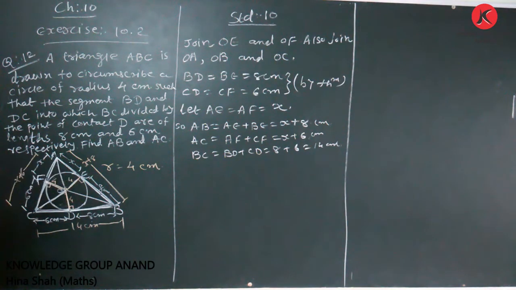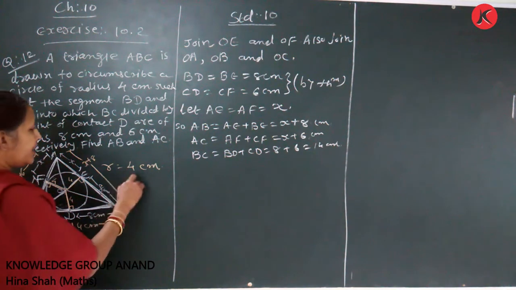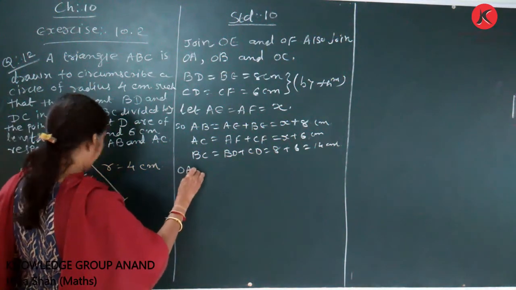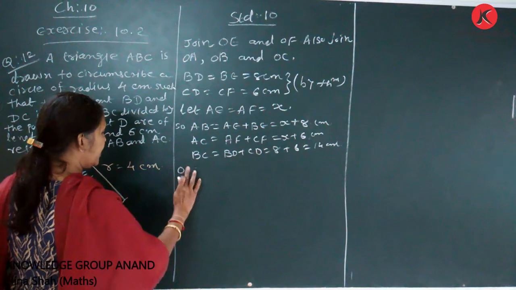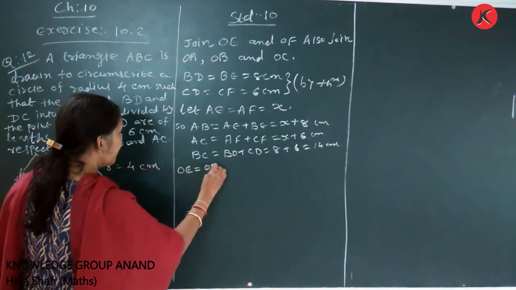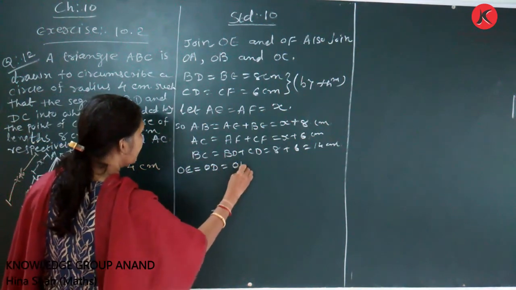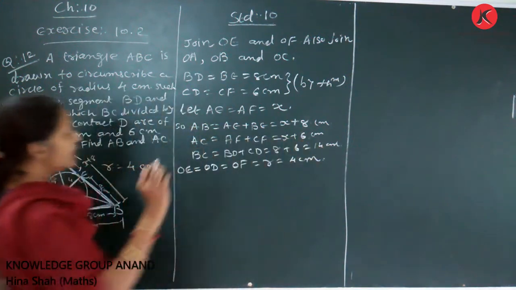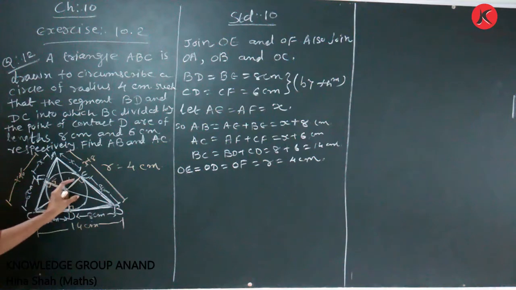Here we write the radius: OA equals OE equals OD equals OF equals r equals 4 centimeter. We write here all the information about the figure.